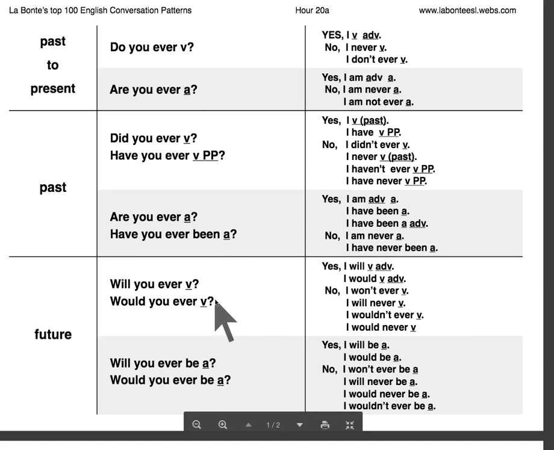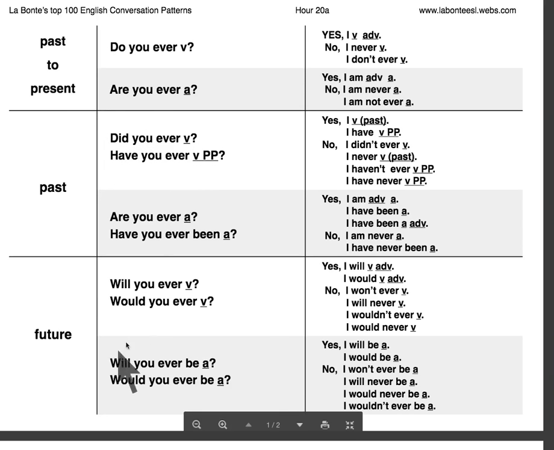In Korean, they only have this sort of feeling, this do you ever. Do you ever play tennis? Have you done it in the past, and do you still do it? That's do you ever. Do you ever eat Korean food? It reflects both the past and the present.